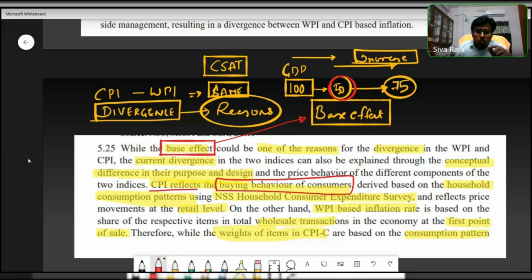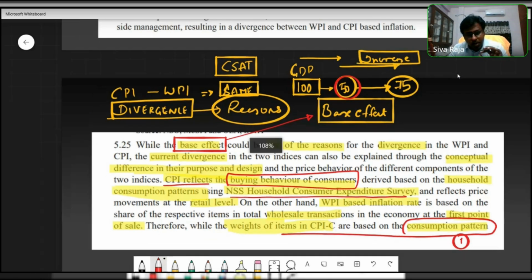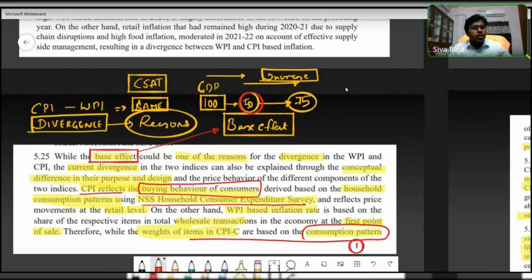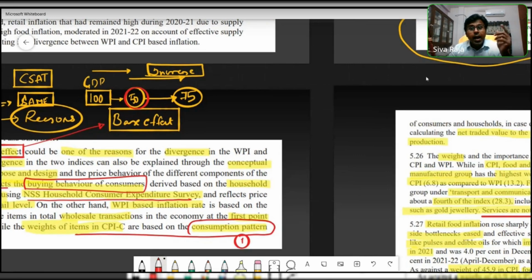CPI reflects the consumption pattern, and they are thinking about the household consumer expenditure survey. We take the assessment and survey of what we are buying and make an assessment of inflation.